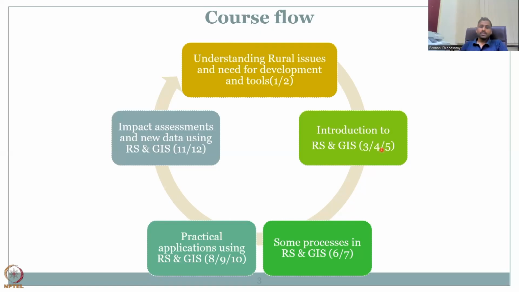Moving on, we will also use a practical case. For example, I said mapping of a lake. I will show you in weeks 8, 9, 10 how to map a lake, how to quickly find the area of the lake in the last 15 years, and then document if the lake area has been shortened due to encroachment or any other issue, and how it's affecting the rural development.